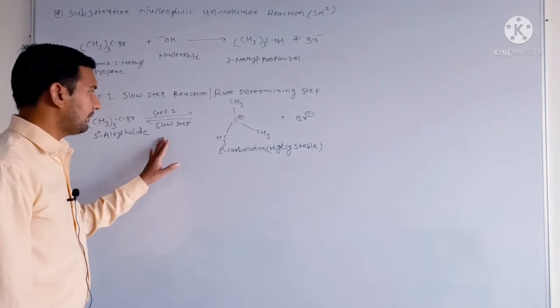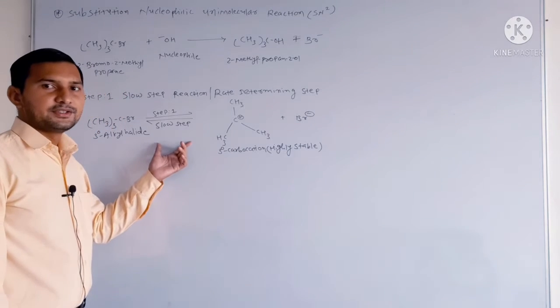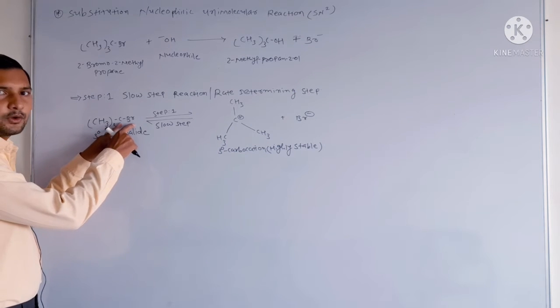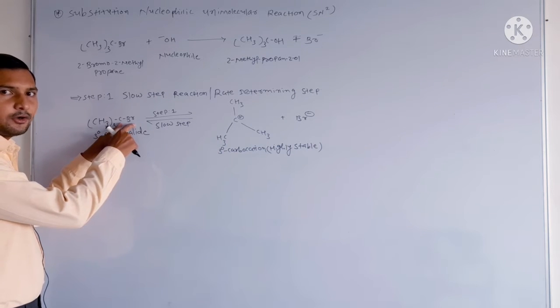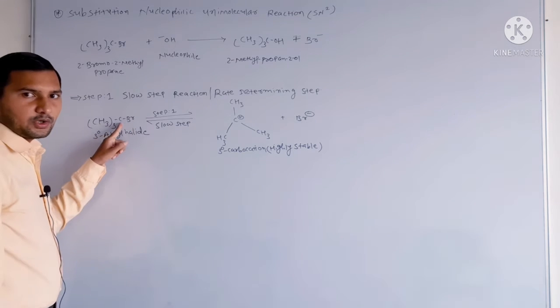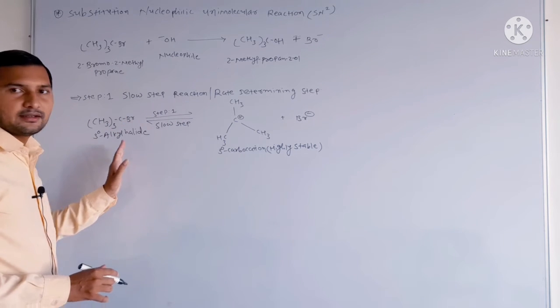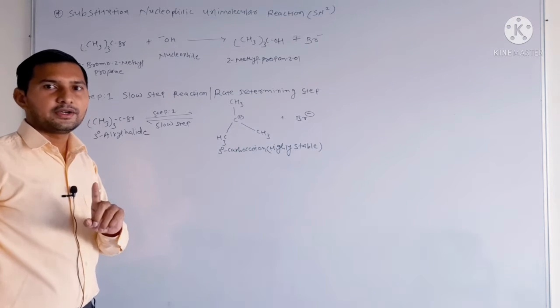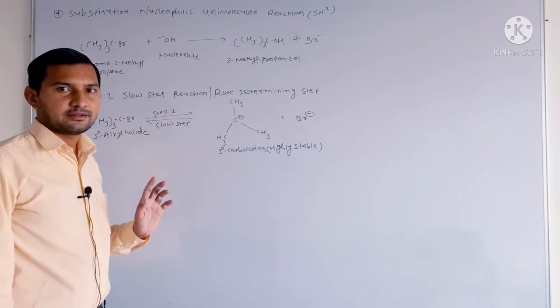This is the slow step, and the energy required to break the bond between carbon and bromine is obtained from the protic solvent. So this entire SN1 reaction takes place in solvents which are polar in nature, right?